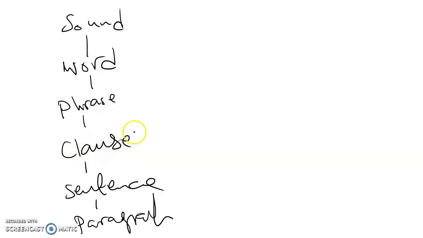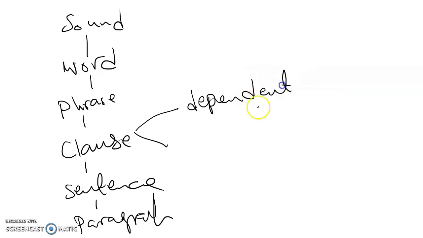Now, for the clauses, actually, we have two types. We have the dependent clauses and the independent clause. Now, for the dependent clause, simply, it makes no sense.